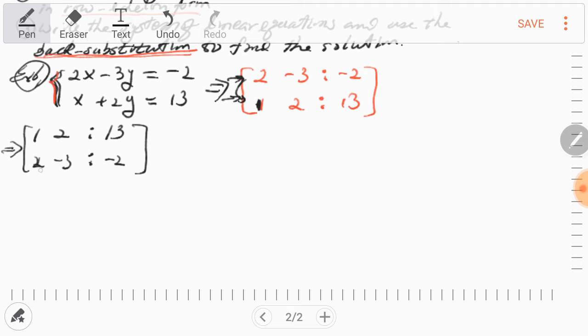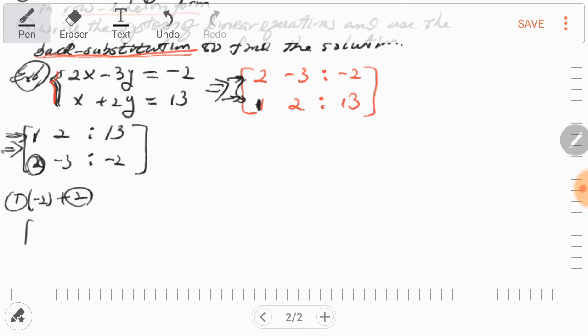let's make this 0. 2 is the x coefficient of the second equation. So I want to eliminate this 2, make it 0 by using the first row. Since the first row starts with 1, why don't we multiply the first row by -2 and add it to the second row?